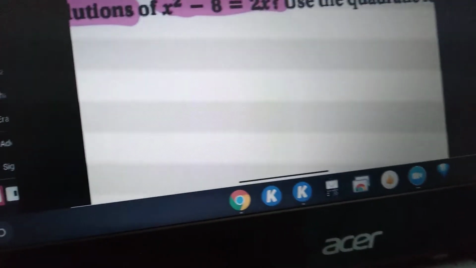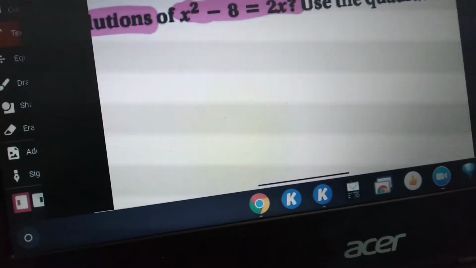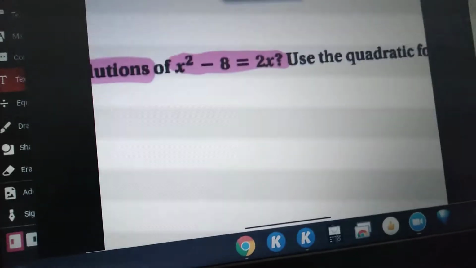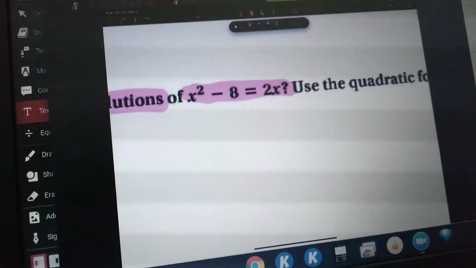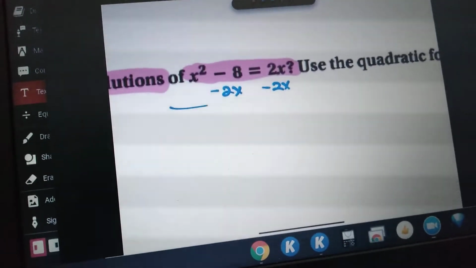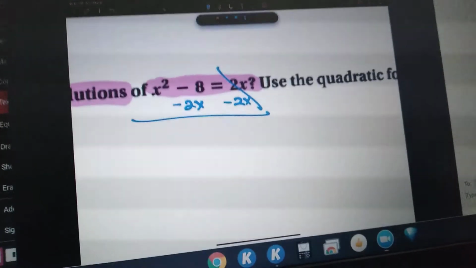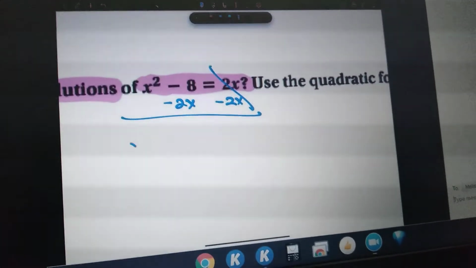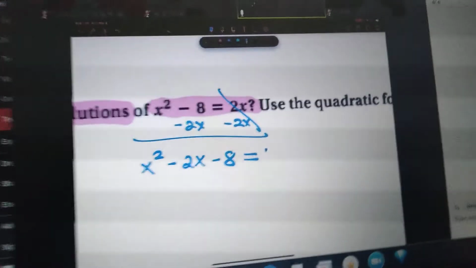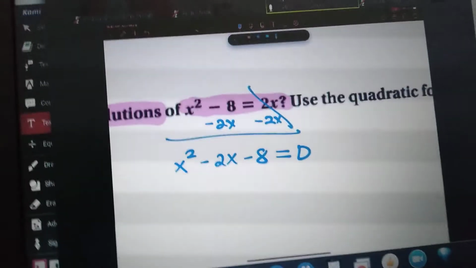What's the problem with this equation? Where should that 2x be, David? There you go. So we need to minus the 2x, minus the 2x, and we always write it in standard form: x squared minus 2x minus 8 equals 0. Everyone understand?